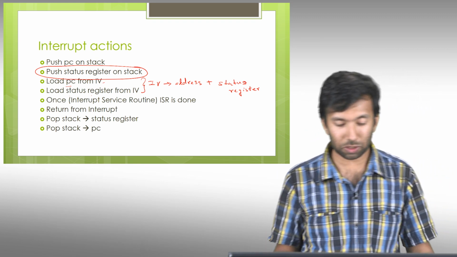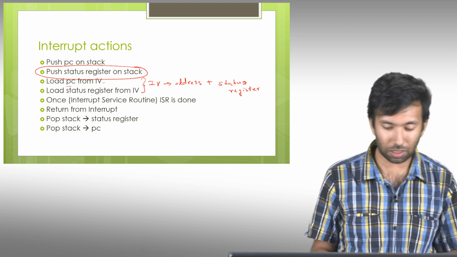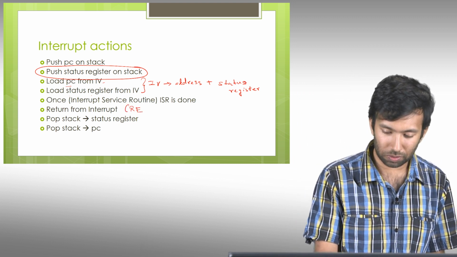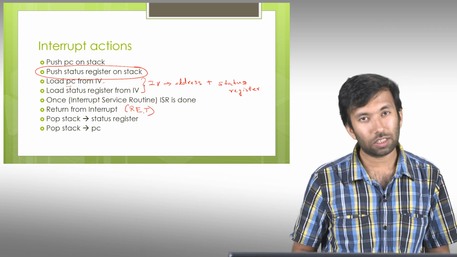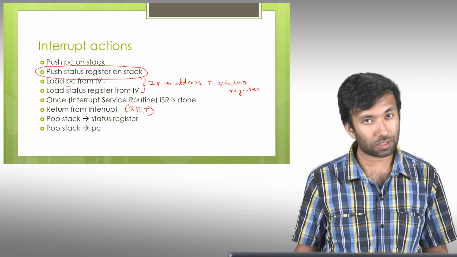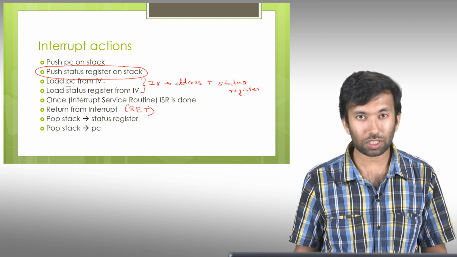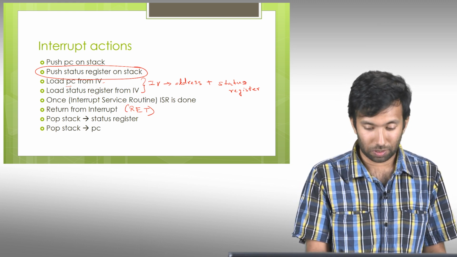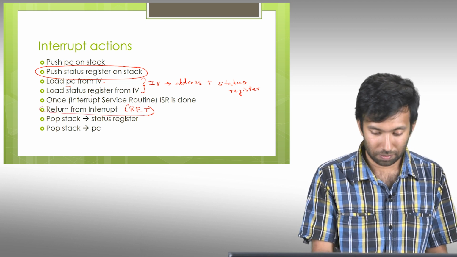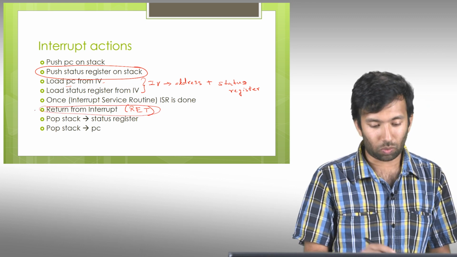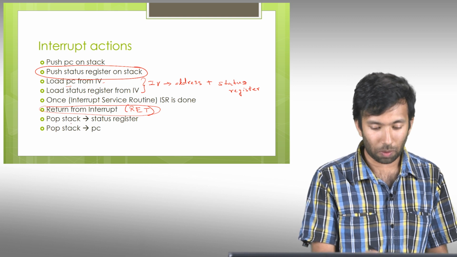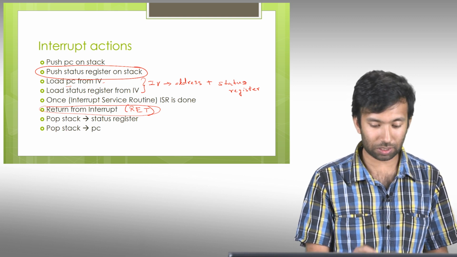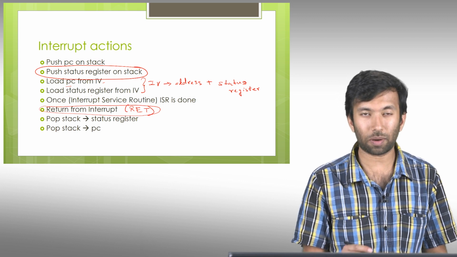Then once the interrupt service routine is done, you return from the interrupt. Typically, the assembly level code that you use to return from the interrupt is RET. RET has a lot of functionalities. We are not going to discuss that in this video. Let us skip this line. Once you return from the interrupt, we pop the stack and put it into the status register, and we pop the stack again and put it into the program counter.